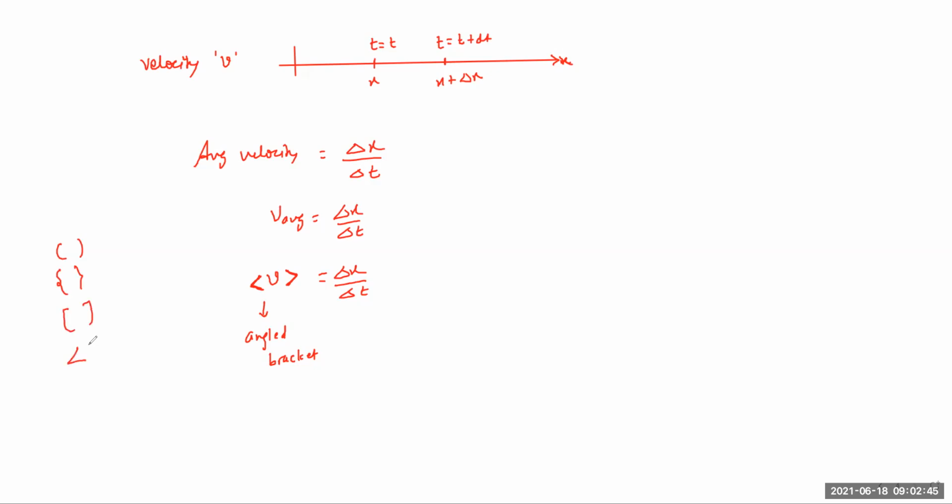Now this is the fourth one, the angle, and we use it for the notation of average. This is a very famous way of representation in most of the Russian literature, and now it has almost come into our own representation also. So we also use this way of representation. So that is the idea.